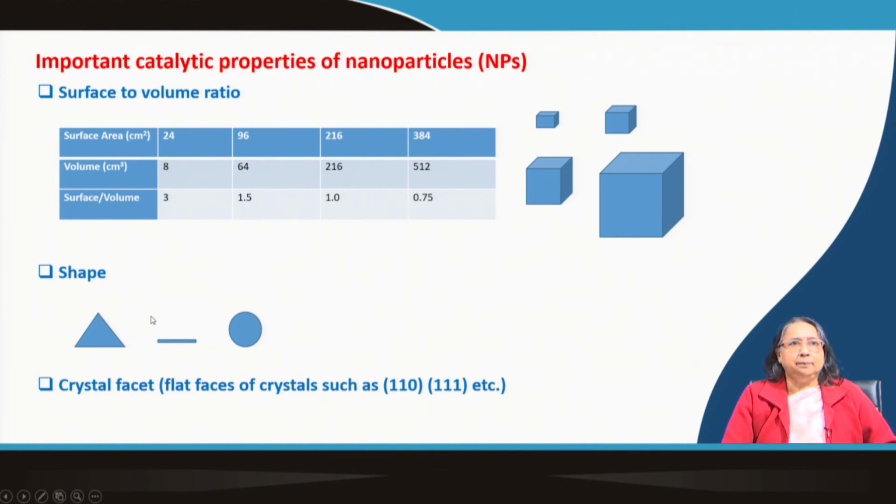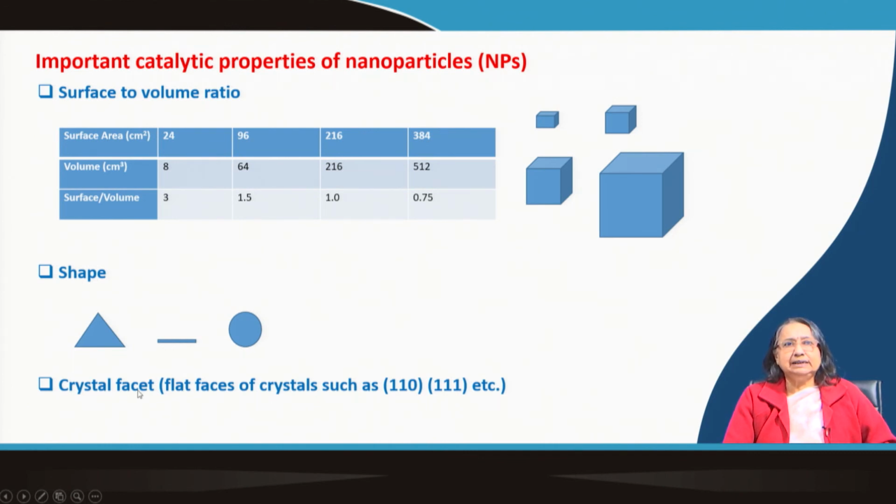Now, shape matters. Shape, say triangle shape or rod shape or spherical shape. Shape is also important, because the adsorption here and the adsorption on this surface may be different. That is why, depending on shape, the catalytic property will also vary. Now, crystal facets.